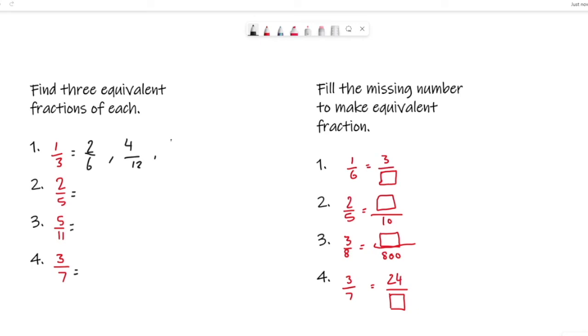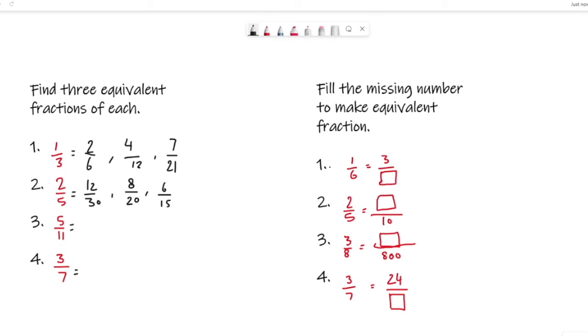Multiply by 7. 7 times 1 is 7. 7 times 3 is 21. Let's do this one. Times them by 6. 6 times 2 is 12. 6 times 5 is 30. Multiply them by 4: 8, 20, and multiply them by 3: 6, and 15. They all are equivalent fractions.